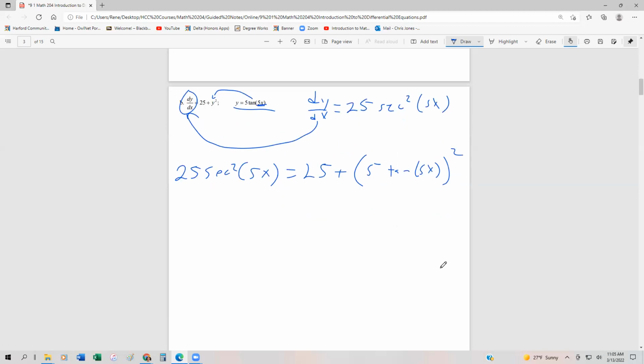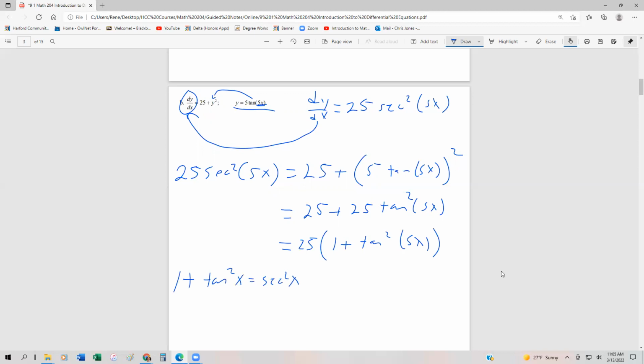Now, let's simplify the right-hand side. So this becomes 25 plus 25 tan squared 5x, excuse me. We can factor out a 25, and we would be left with 1 plus tan squared of 5x. And you probably remember that 1 plus tan squared of x is going to be equal to sec squared of x.